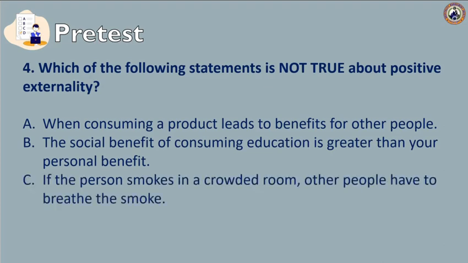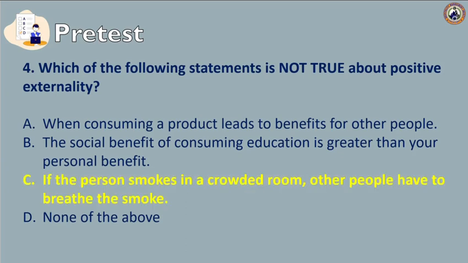Or C. If the person smokes in a crowded room, other people have to breathe the smoke. Or letter D. None of the above. So which of the following statements is not true about positive externality? The answer for question number 4 is letter C. The person smokes in the crowded room. Other people have to breathe the smoke.